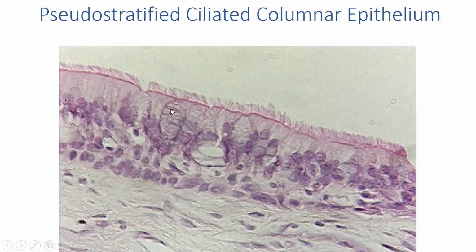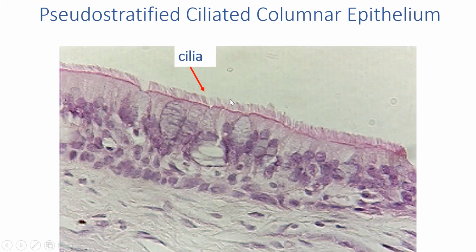They have lots of goblet cells lining this too. The cilia, these hairs, have the ability to move. They beat in one direction. Now, in this case, if this is in the trachea, which I suspect it is, these goblet cells here secrete lots of mucus.